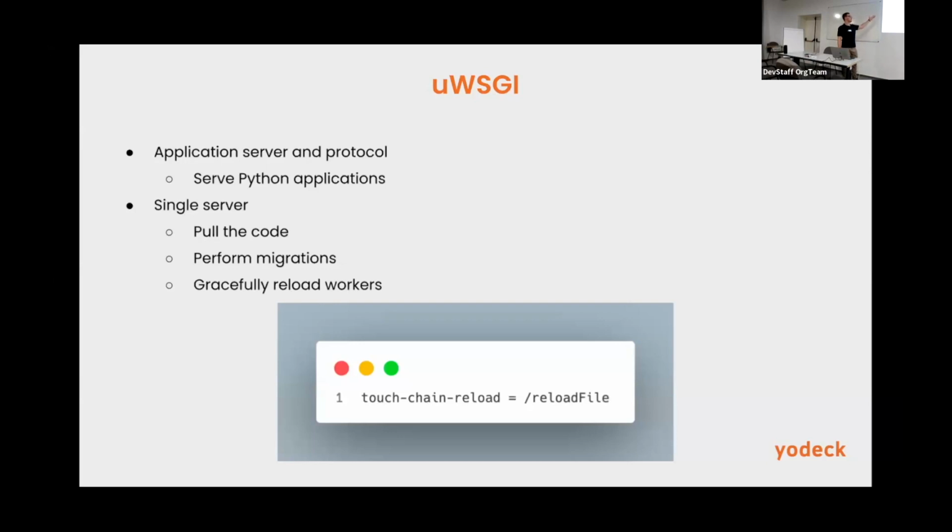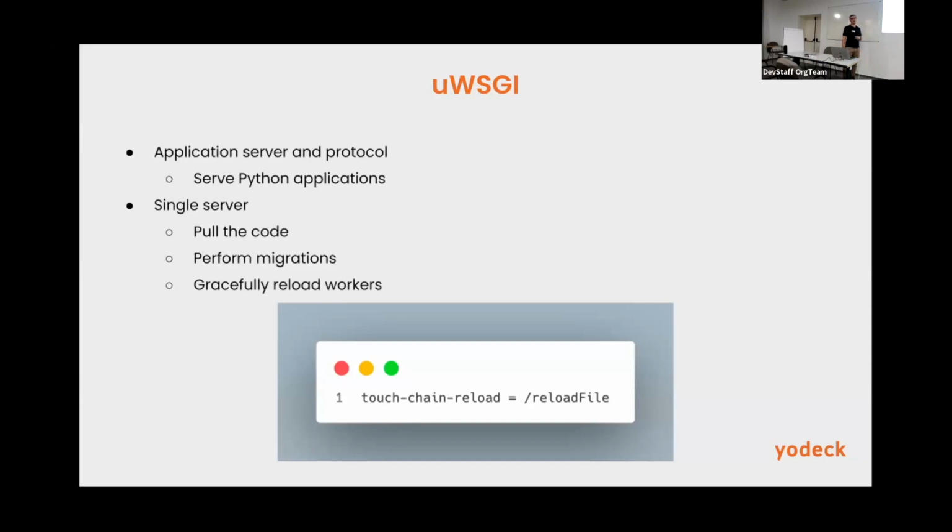That was when we were in the state that we saw at the beginning. I didn't make this clear probably, but when we had a single server that contained everything, we had uWSGI running as a system service, and the code just not mounted, but pulled inside a path in the file system.